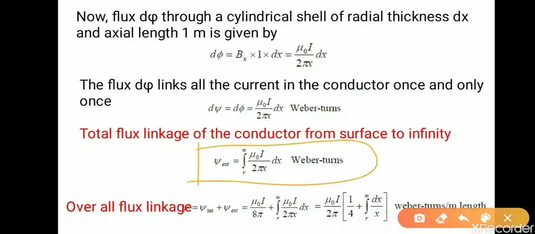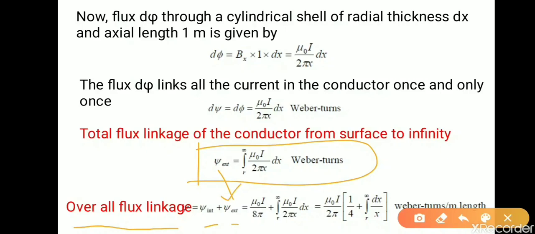So the overall flux linkage we can write as the internal flux linkage that we have obtained earlier, and the external flux linkage, which equals μ0 I by 8π plus the integral from r to infinity of μ0 I by 2πx dx, which equals μ0 I by 2π.